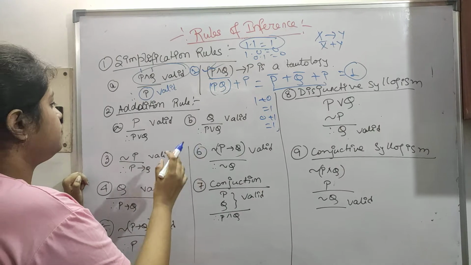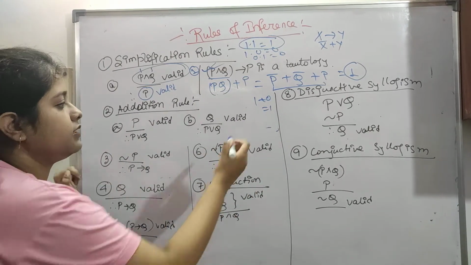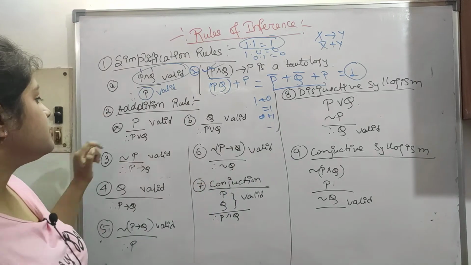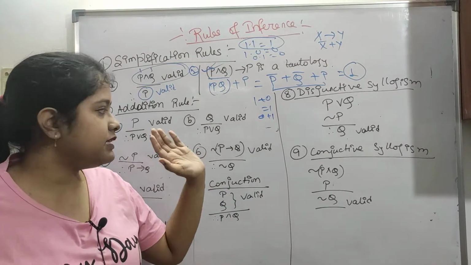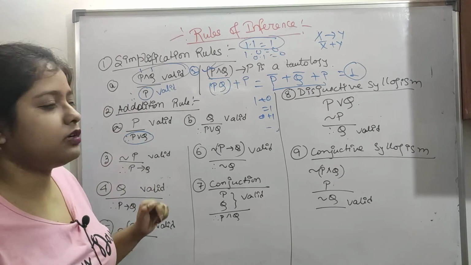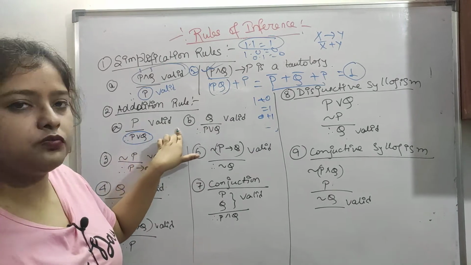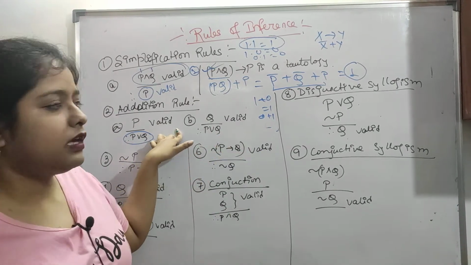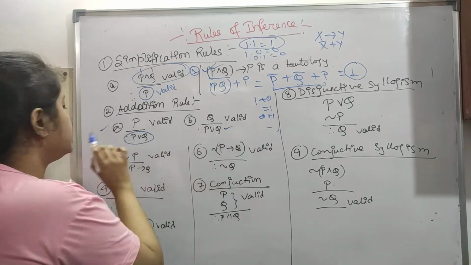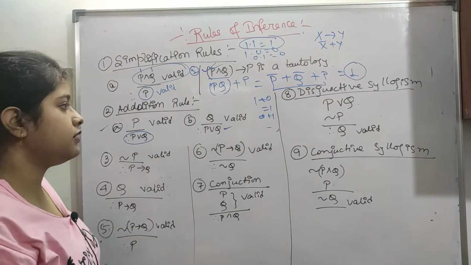P is given as 1, so obviously P or Q will be 1 only. Same way, if Q is valid, meaning 1, then P or Q will be valid only. So all these are correct. I am still telling you how it comes as true.